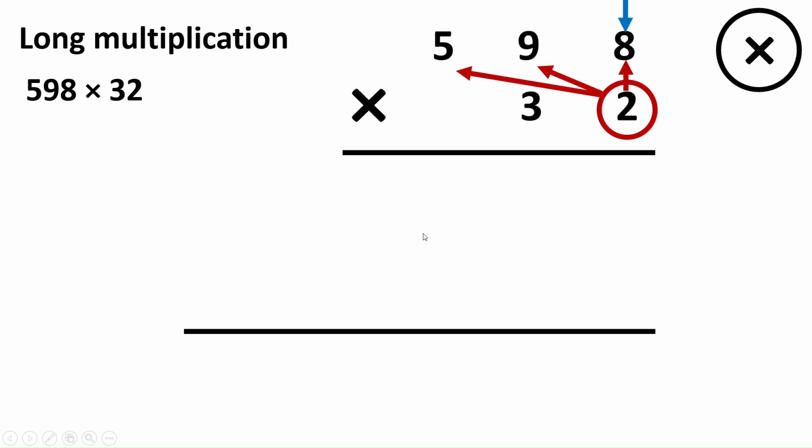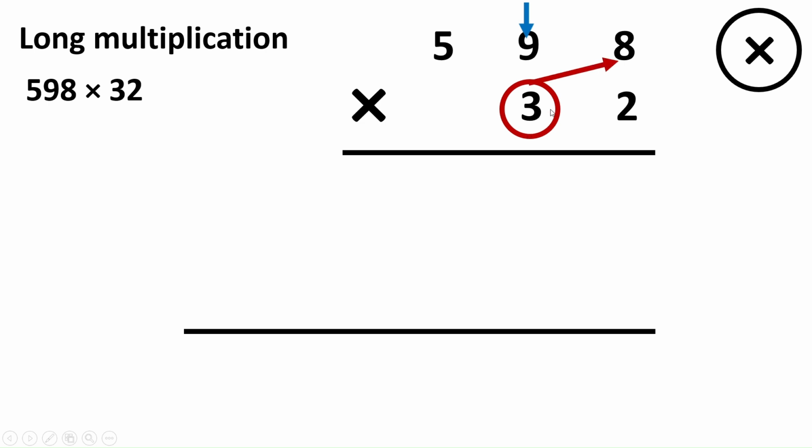And in our other part of multiplying, where we look at the tens column, we're going to be multiplying 30, because remember, this is actually 32 that we're multiplying. So it's made up of 2 and 30. So we're going to be multiplying 30 by 8, then 90, then 500. So just so you're aware of how this method works, we're just partitioning really.